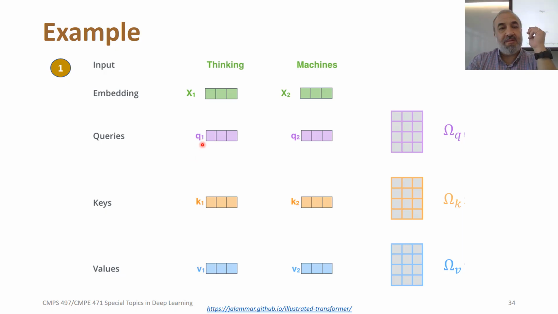We get the dot product between Q1 and K1 and Q1 and K2. These will be two numbers, right? Then apply softmax to get the attention weights. After we get the attention weights, apply them to V1 and V2. Okay, those are the steps.